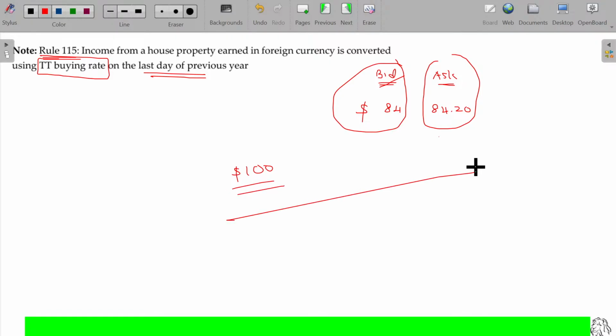To convert that to Indian rupees, $100 is converted at the bid rate or buying rate. So 8,400 will be your rental income. Is that clear? That too, the rate as on the last date of the financial year. This is the rule you have to follow, Rule number 115. It's very rare, but anyhow, keep this in your mind.